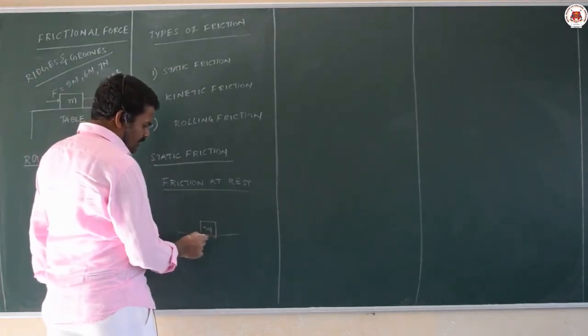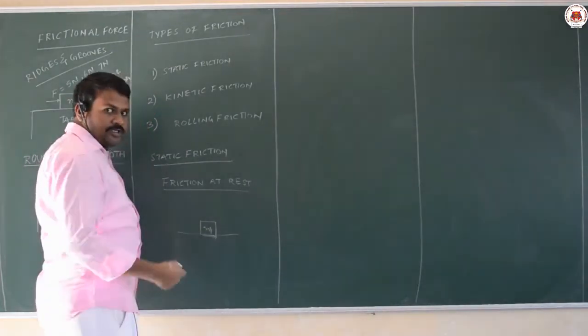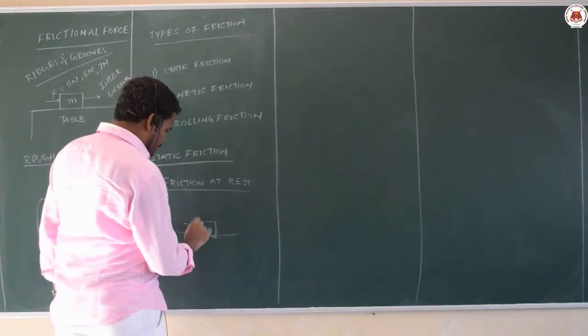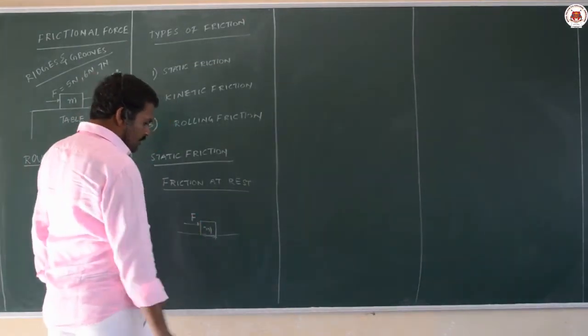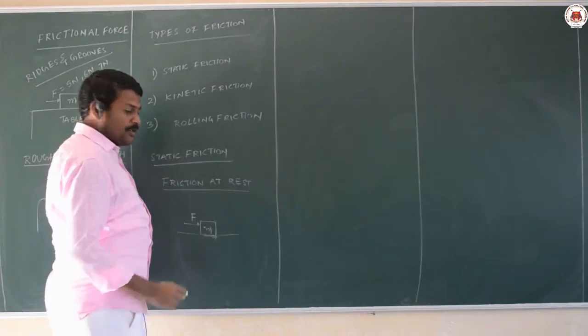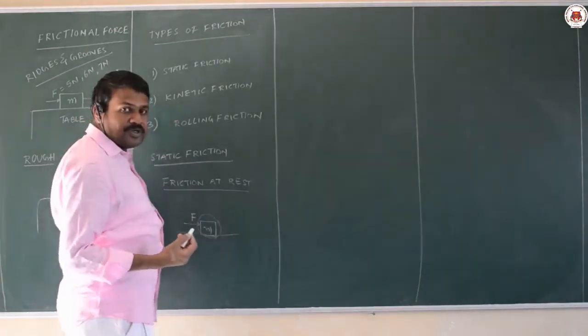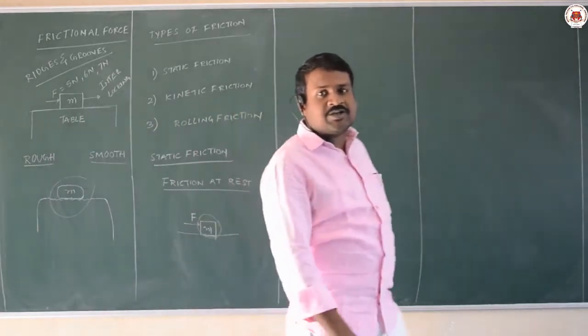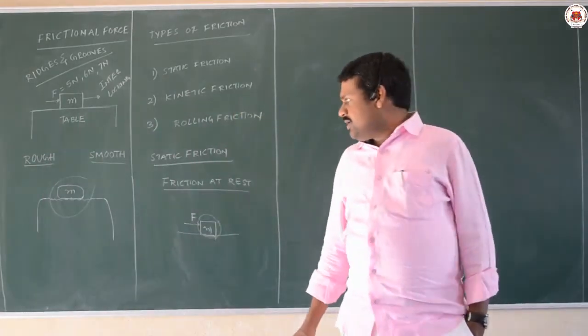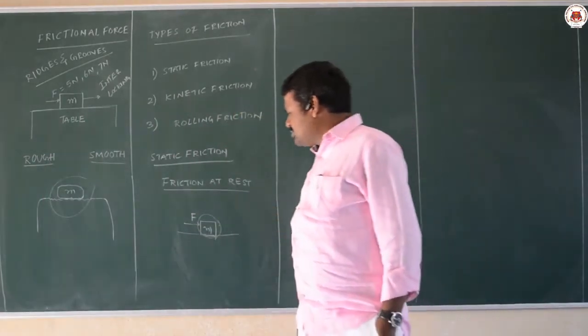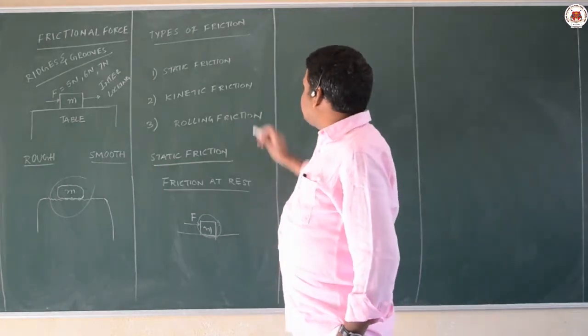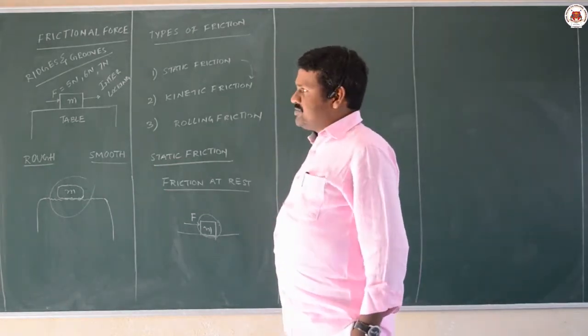They are interlocked here. So if you apply force, they should detach. The force required to detach them initially is called static friction. And it is observed that static friction is greater than kinetic friction.